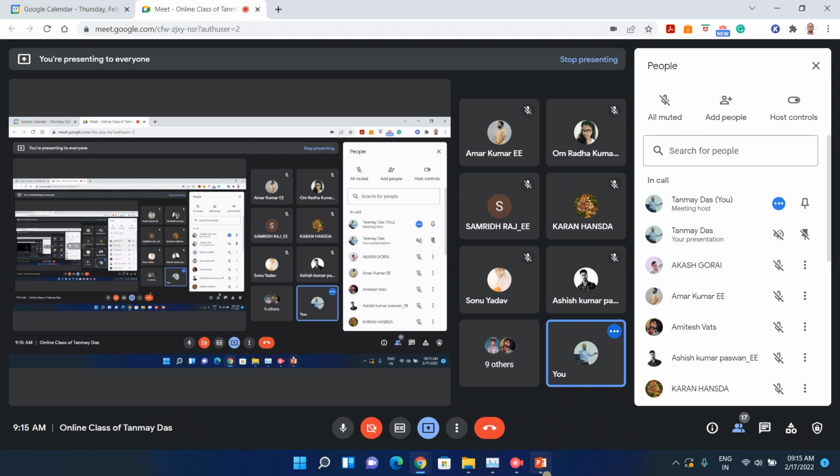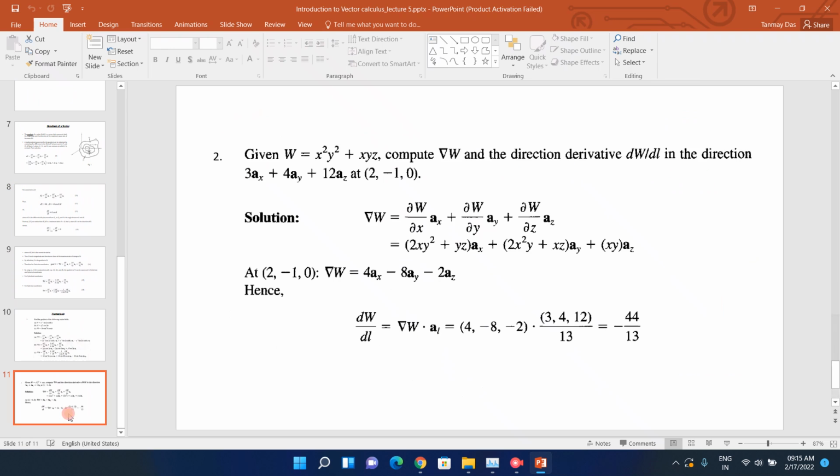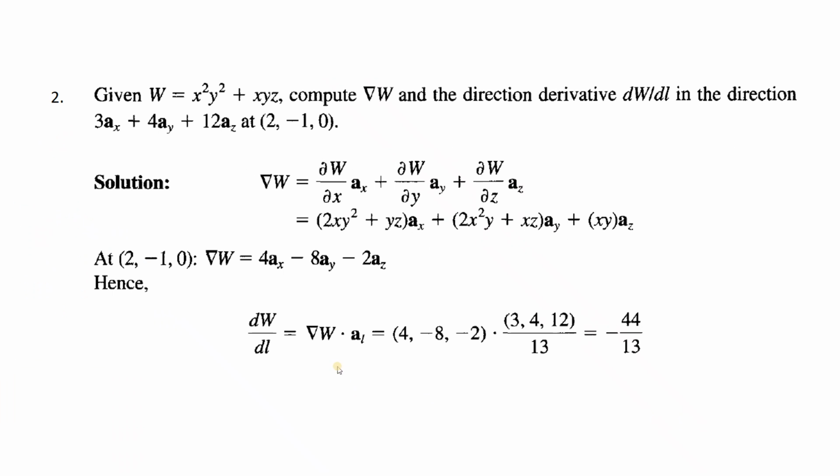Okay, now is the screen visible? Okay, so it's visible.